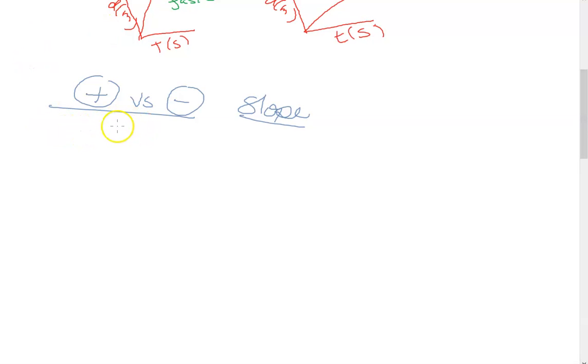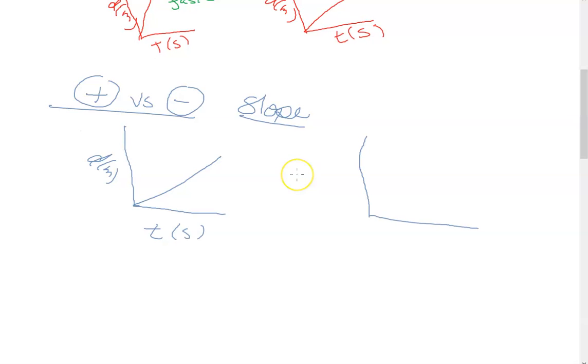So a positive slope is one which looks like this. This is still the time in seconds. This is the distance in meters. And then a negative slope looks like this, right? So t is in seconds and distance is still in meters.